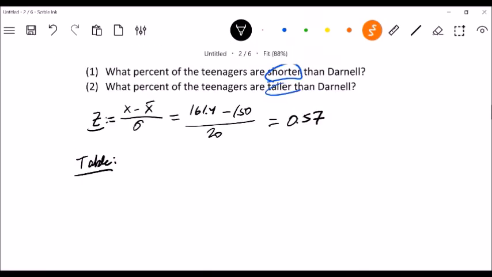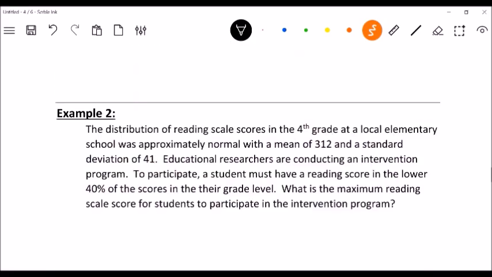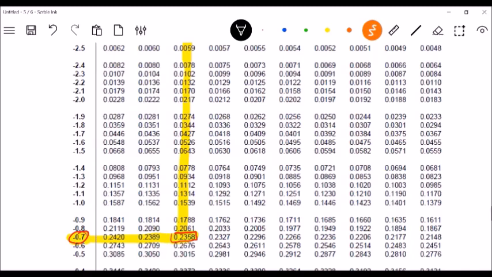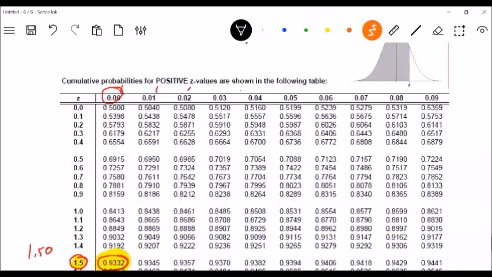Okay, so 0.57. Down here, the zeros without decimals, 0.5. And now we need a 7. Here it is. So this one comes along to here. And this one would have come down here, but wanted to be sure about it.